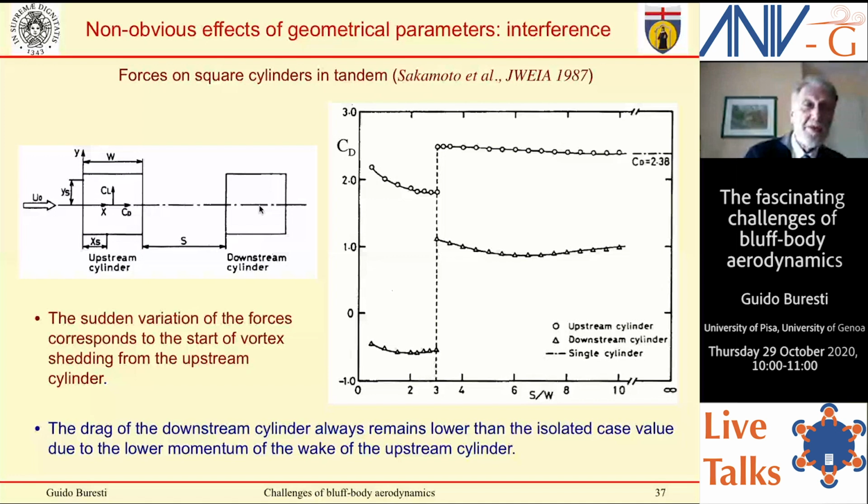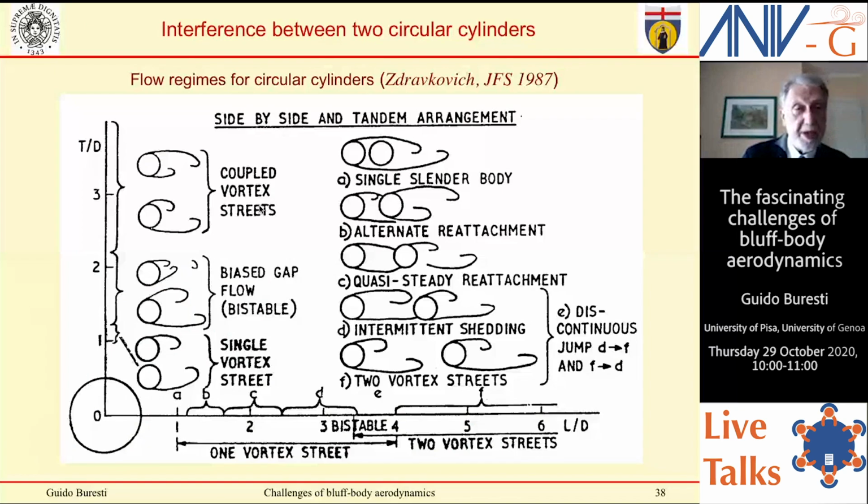Now, you see that interference may give rise to very complex flow configurations, and actually, in this case, only tandem cylinders, one behind the other, and side-by-side cylinders were considered, and you get very different configurations. For instance, first the bodies may act as a single body in the two cases.